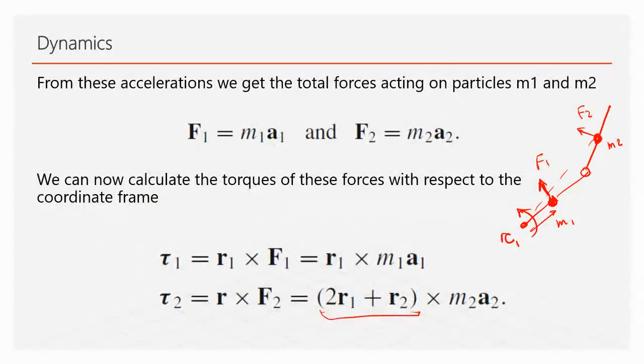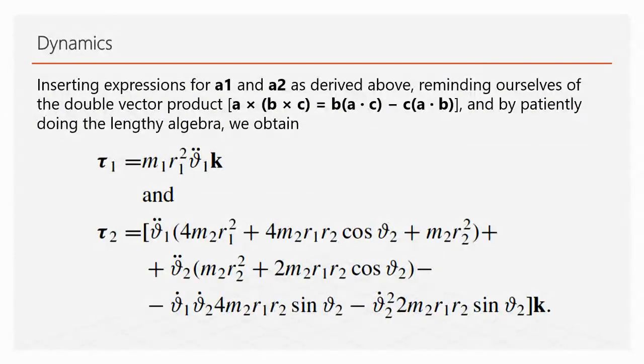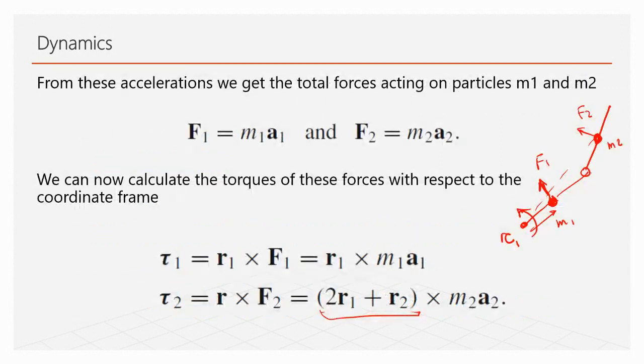By replacing what we have here for A and R, what we get for torque number 1 is m1 r1 second derivative of theta, direction of k. And for second tau, we have acceleration times force times length, as we had here, 2r1 plus r2 times m2 a2.